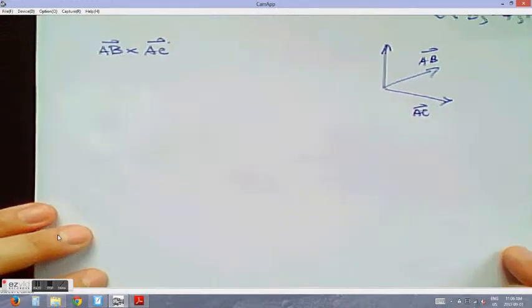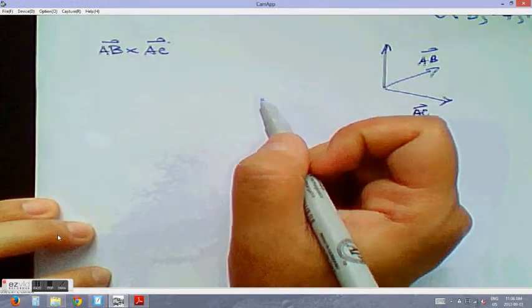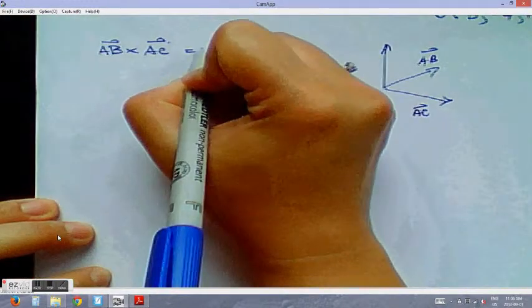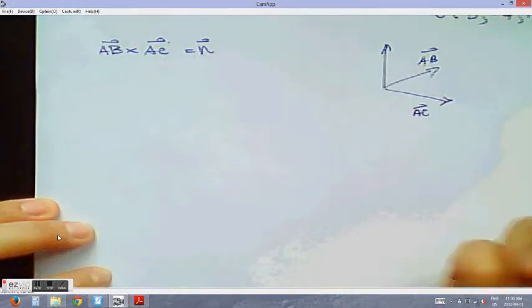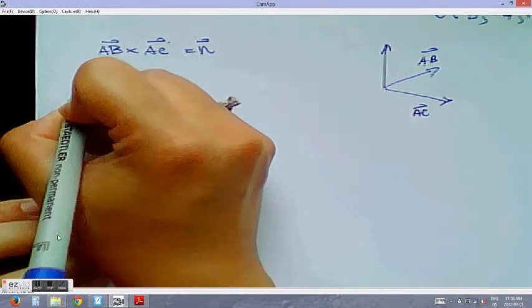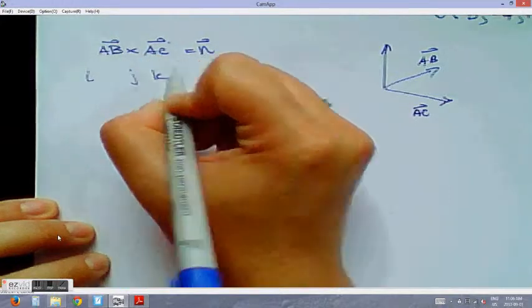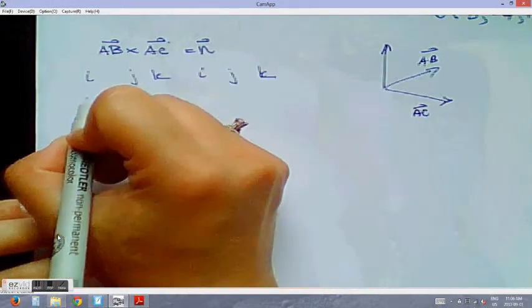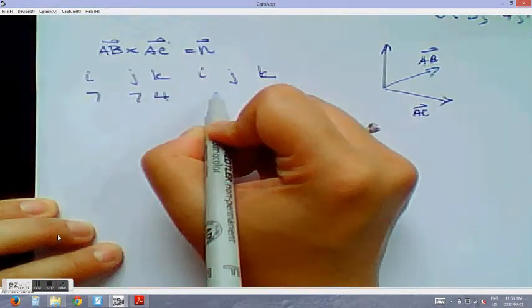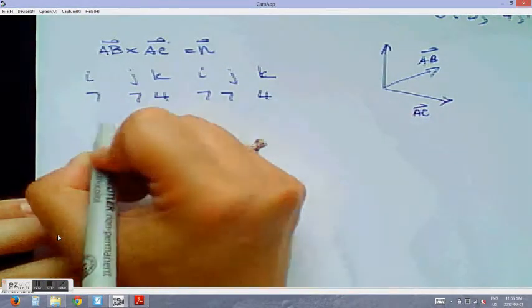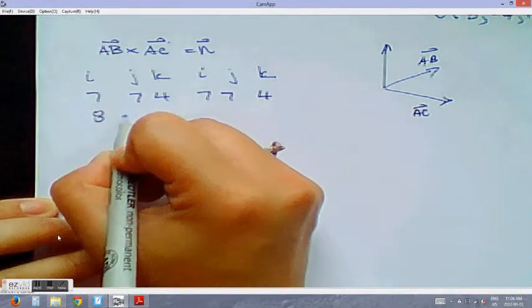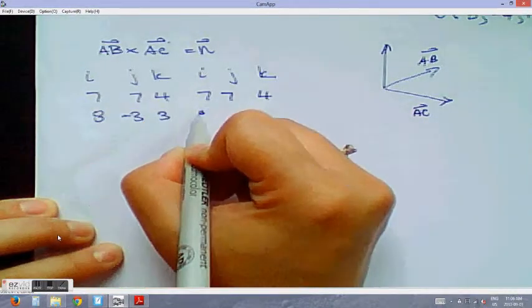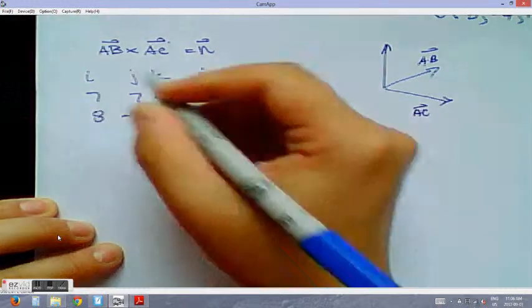Just when you thought that you could easily forget this until the exam. This will give us our normal. So crossing i, j, k, i, j, k, and we'll write it out twice: 7, 7, 4, 7, 7, 4, 8, -3, 3, 8, -3, 3.